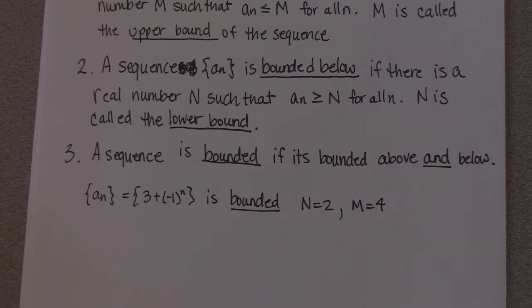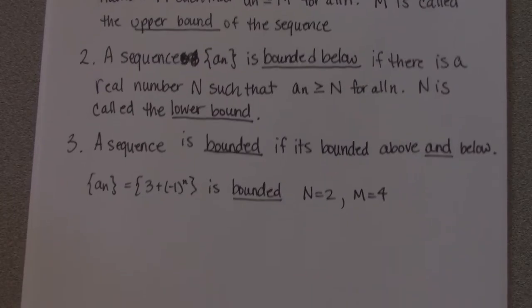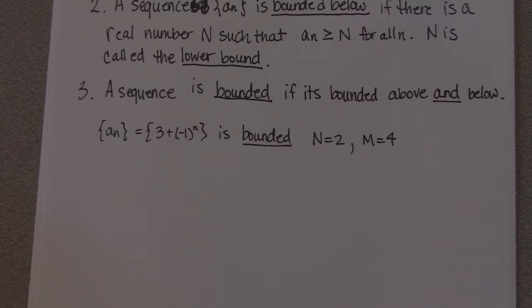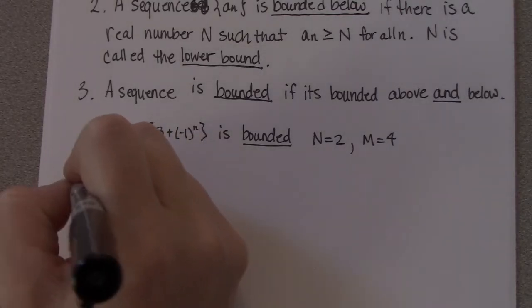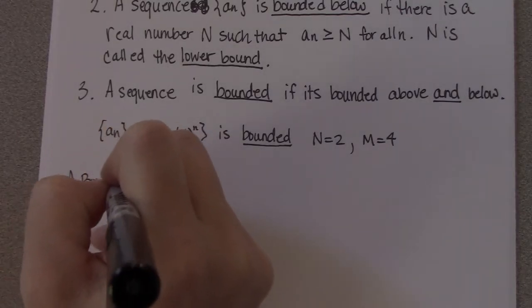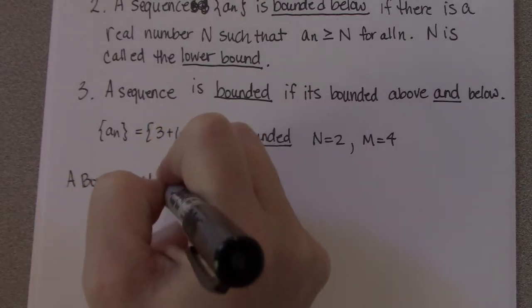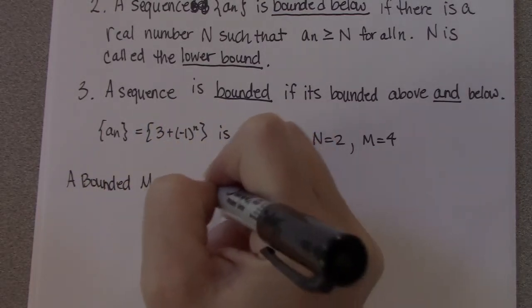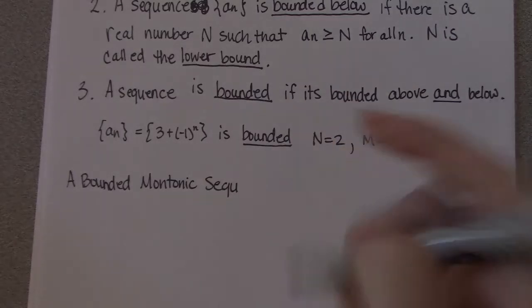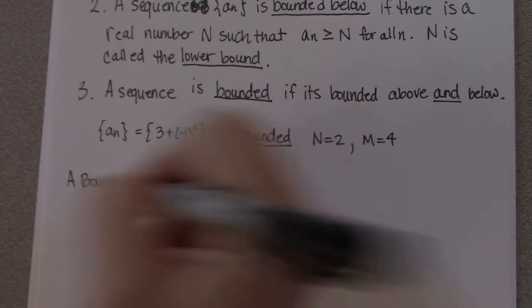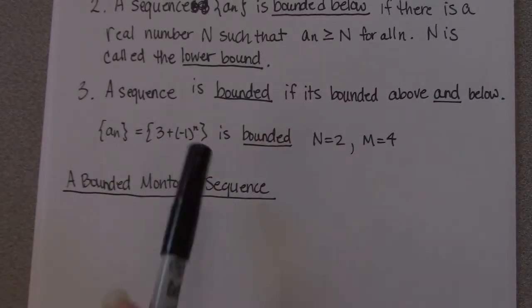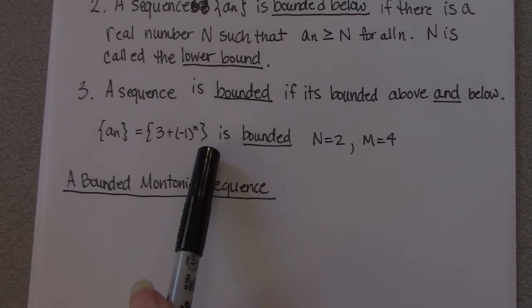So we've talked about things being monotonic, and now we've defined what boundedness means. So what happens if something is both? This example we just looked at is bounded, but it's not monotonic.